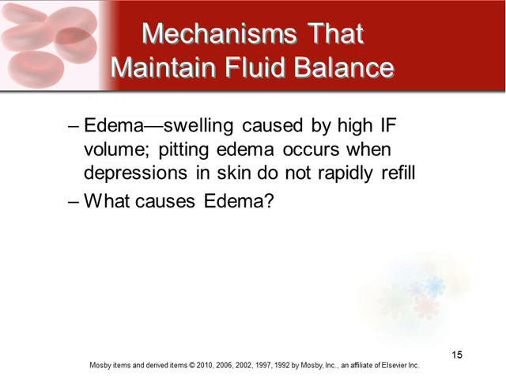So edema, we talked about this a little bit last time. Edema is the swelling, and it's normally caused by a high interstitial fluid volume, or just a high extracellular fluid volume. What it causes is fluid to leak out of your vasculature and surround the cells outside of your blood vessels.